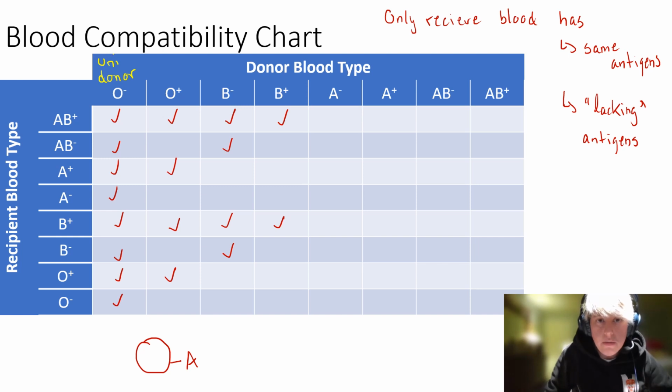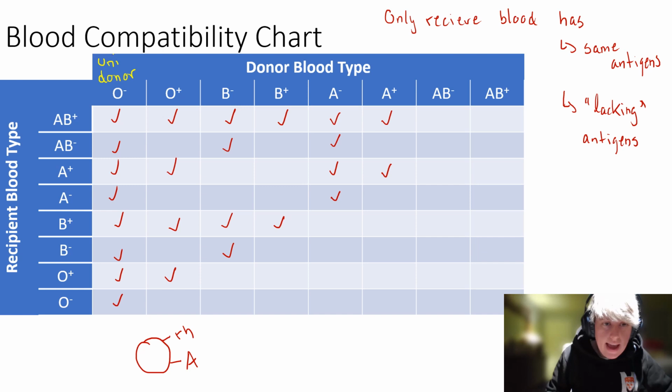So A negative can be given to A negative because it's the same blood type, to A positive because they both share the A antigen, to AB negative because they both share the A antigen, and then AB positive. A positive has both the A antigen and the RH factor, so it can be given to its own blood type, A positive, and to AB positive because they have both the A antigen and the RH factor.